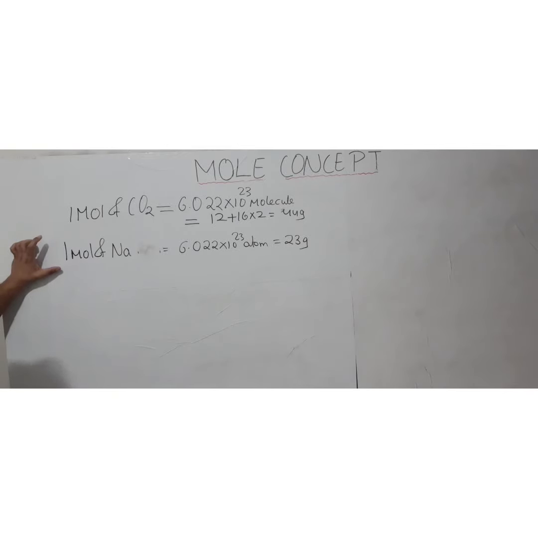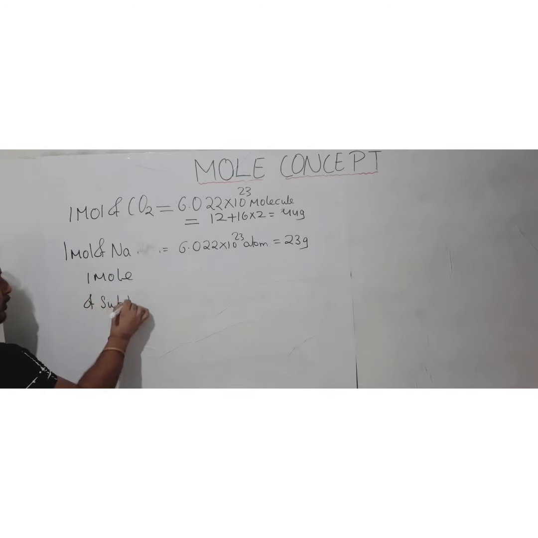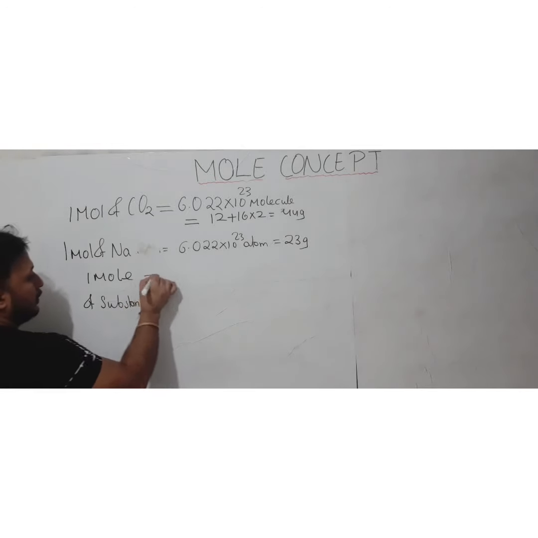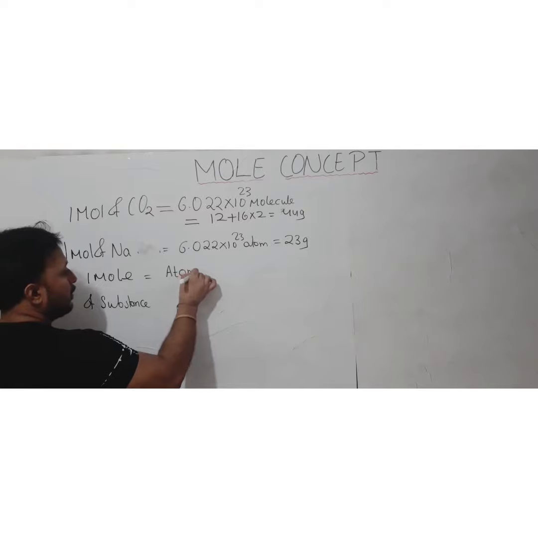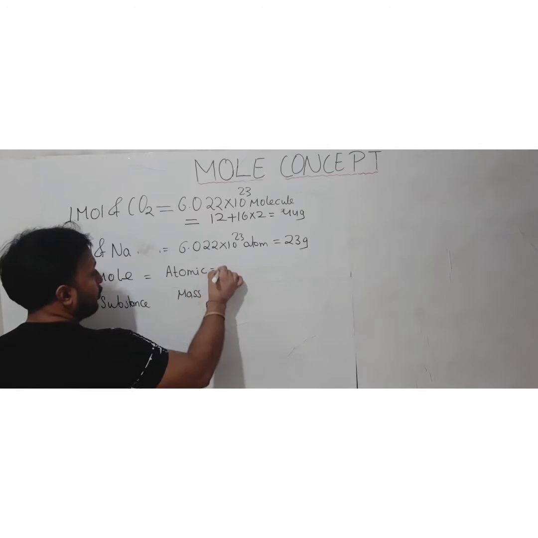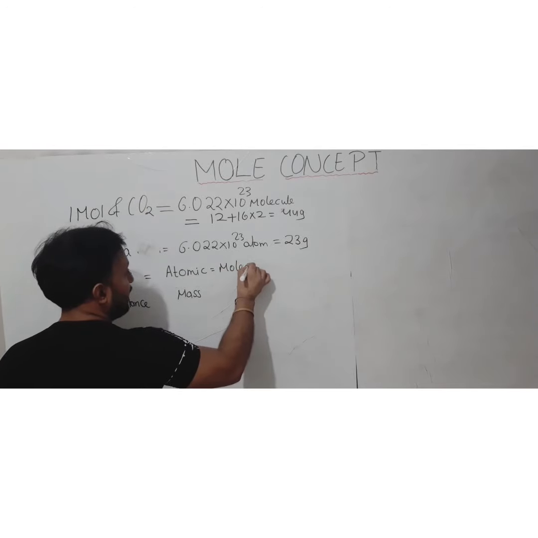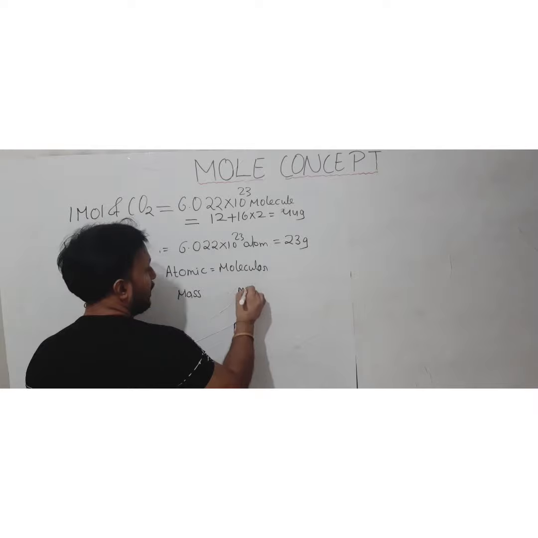So what does it conclude? It concludes that 1 mole of a chemical substance is equivalent to its atomic mass or its molecular mass, depending on whether it is a molecule or an atom.